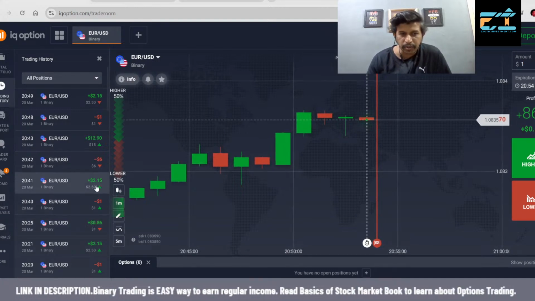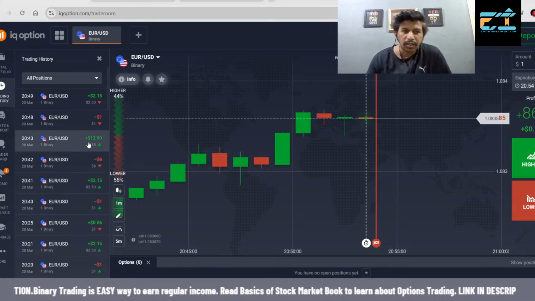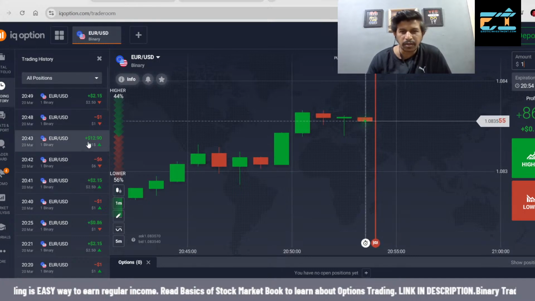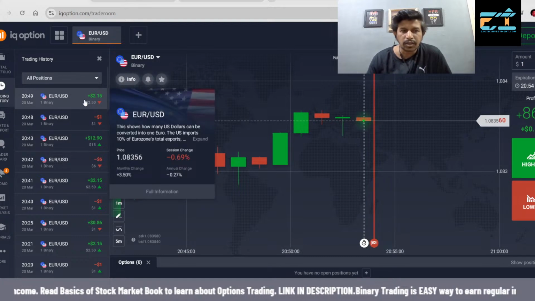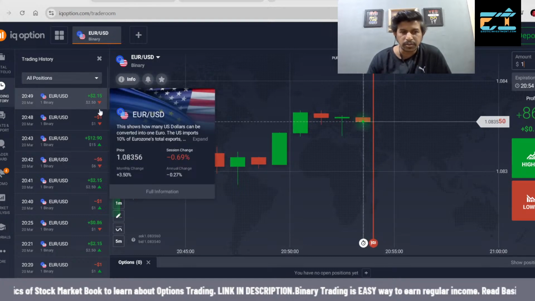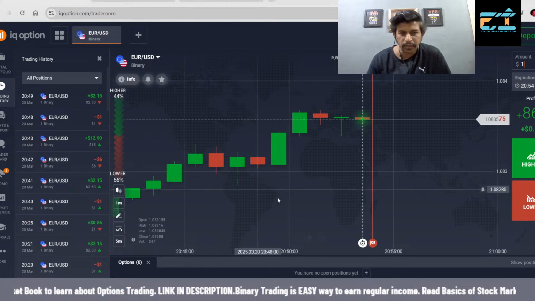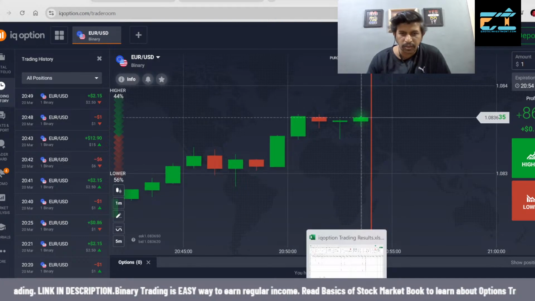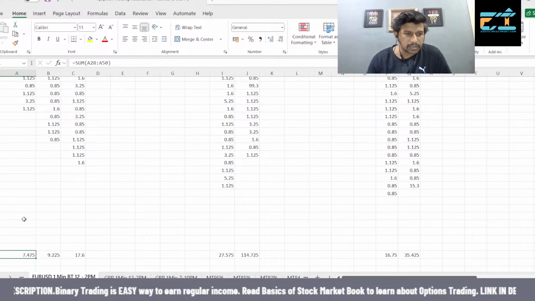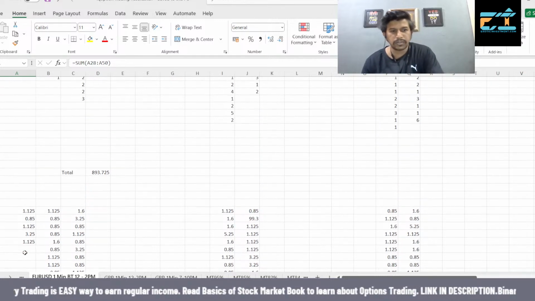I have made $1.15 here. Here, I think I have made around $3.75. Here, I have made $1.15. So, accordingly, the profit for the day is around $7.45. That's it.